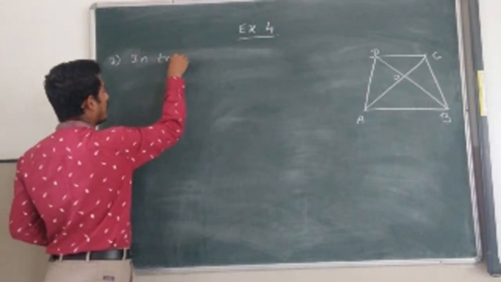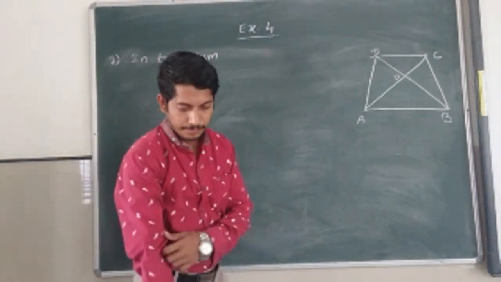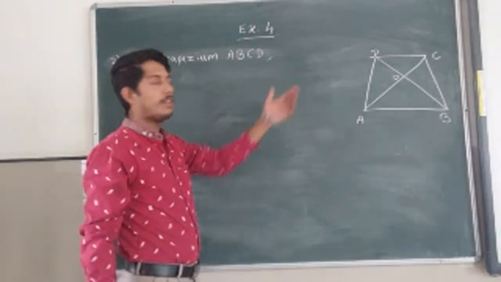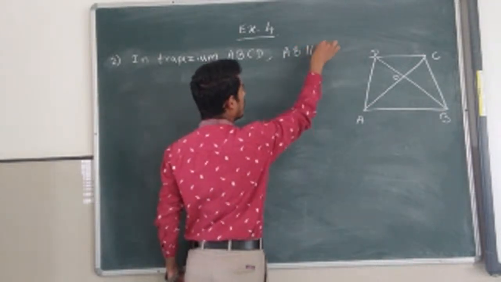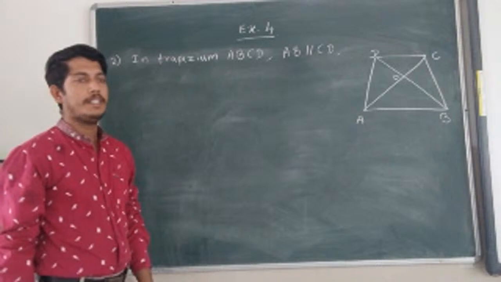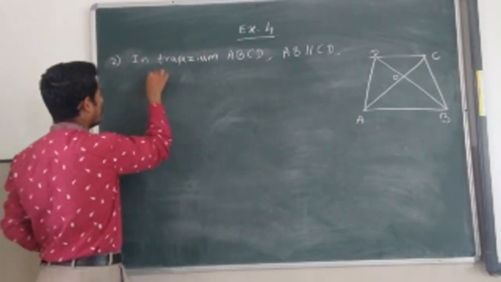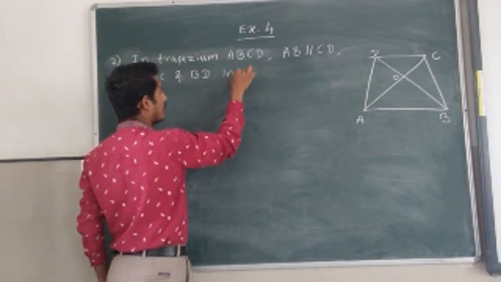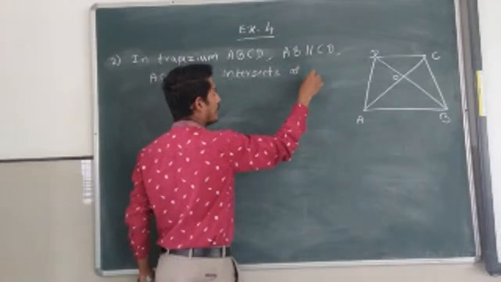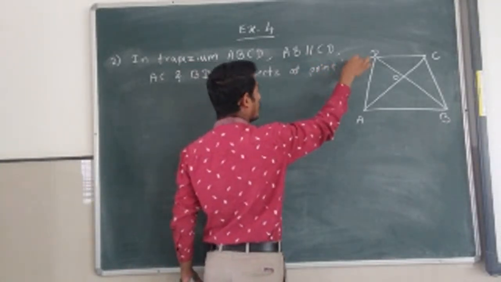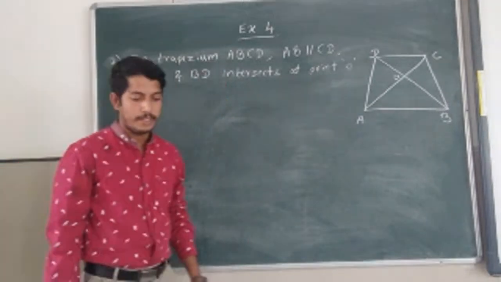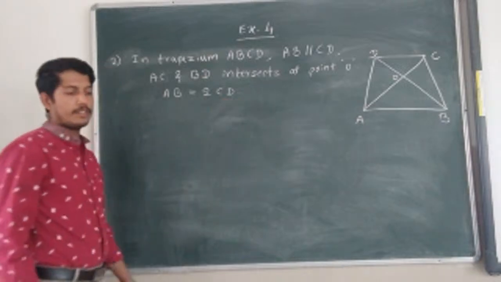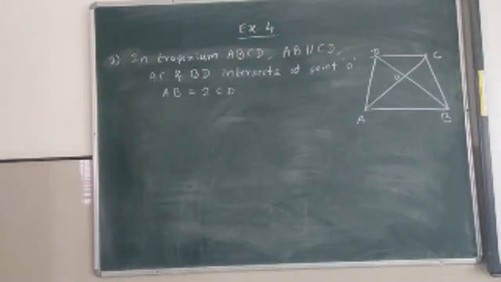In trapezium ABCD, AB is parallel to CD, and diagonals AC and BD intersect at point O, and also given that AB is equal to 2 times CD. Look at the given data.